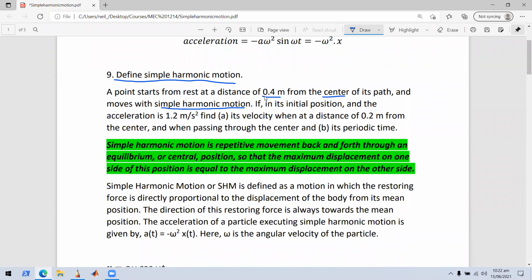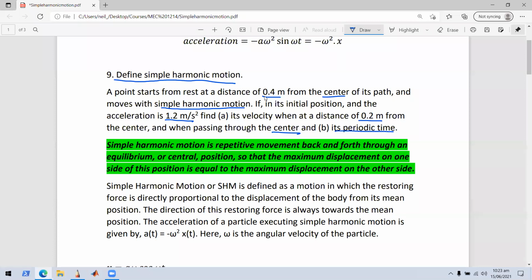If in its initial position the acceleration is 1.2 meters per second squared, find its velocity when at the distance of 0.2 meters from the center and when passing through the center, and B, its periodic time.